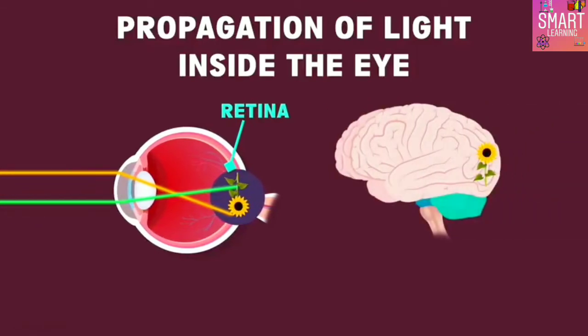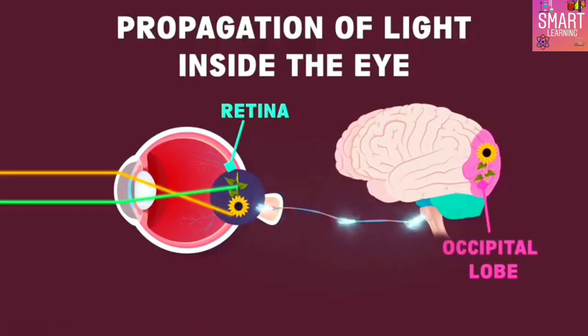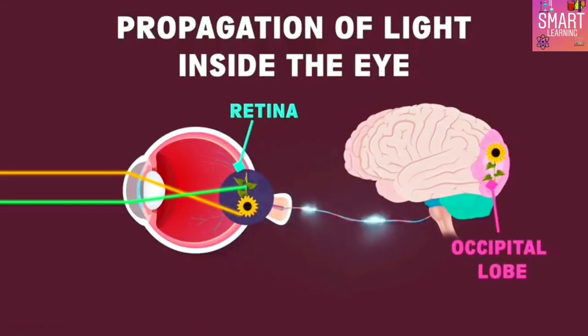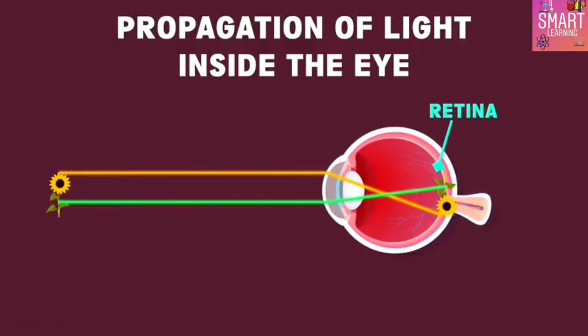We know that light signals travel through the optic nerve as pulses and travel to this part of the brain. It's known as the occipital lobe. However, before this light falls on the retina, it first travels in the space between the lens and the retina.